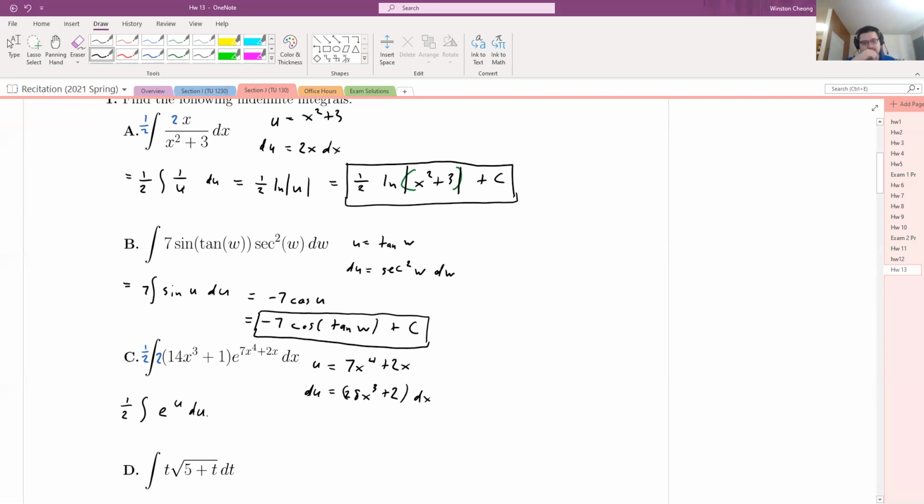Okay, so then we integrate that, which is pretty easy. And then we substitute it in. And tack on a plus c at the end.